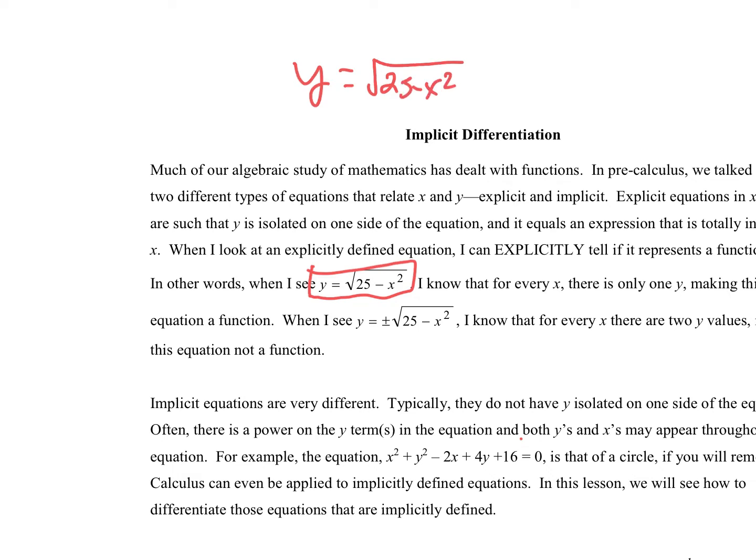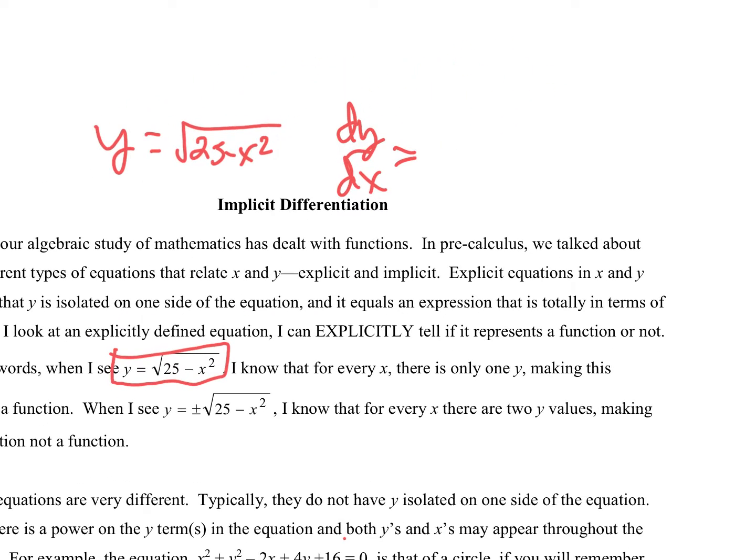I can do my y prime, which I'll call dy dx for right now, using the chain rule. 1/2, keep the insides, negative 1/2. Now do the derivative of the inside, times negative 2x.